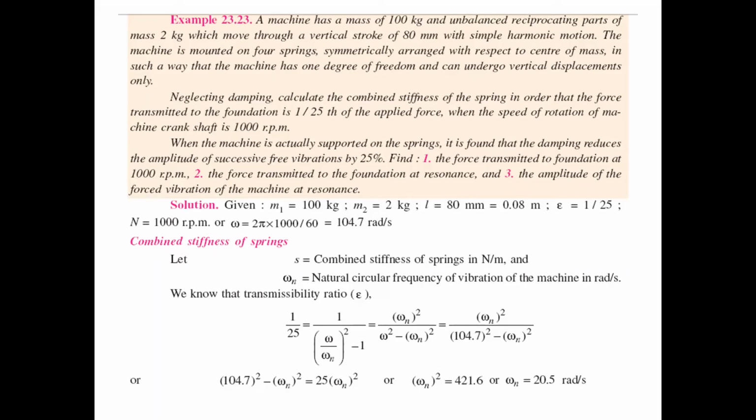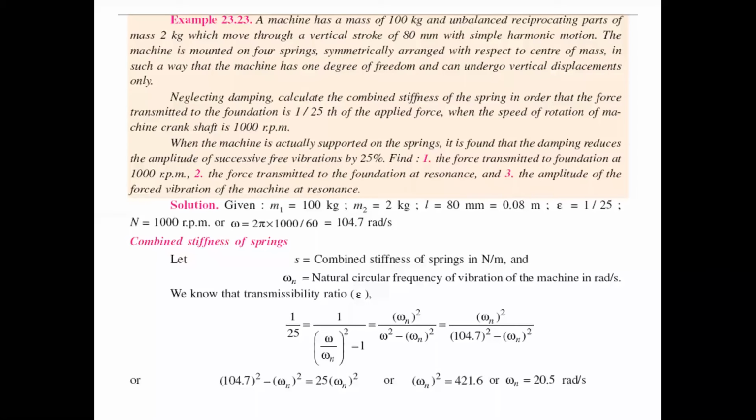So they have given the relation between the force transmitted and the force applied, that is 1 by 25 times. When the machine is actually supported on the springs, it is found that the damping reduces the amplitude of the successive free vibrations by 25 percent.